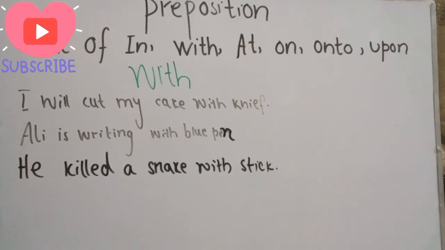So the use of with means to support. Ali is writing with blue pen. Which color of pen? Blue pen. So it means to support the thing with blue pen.